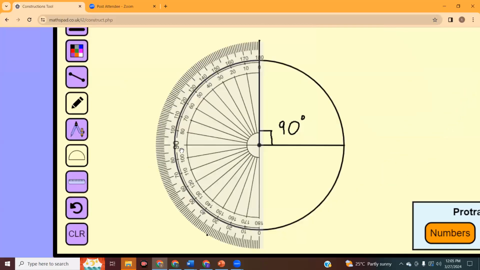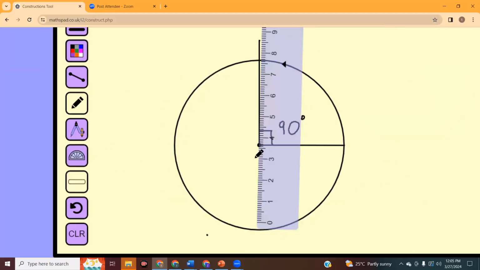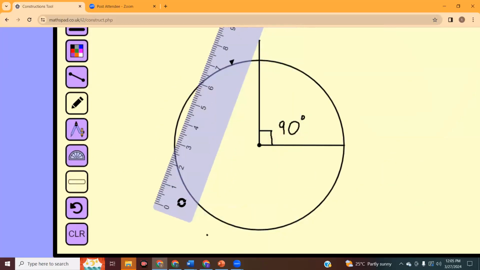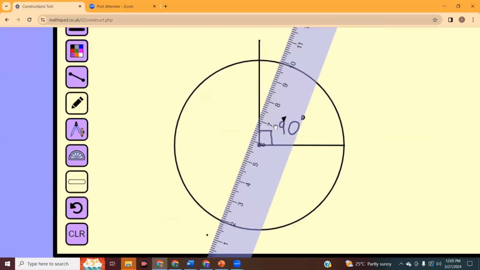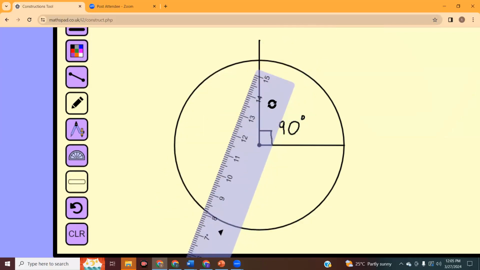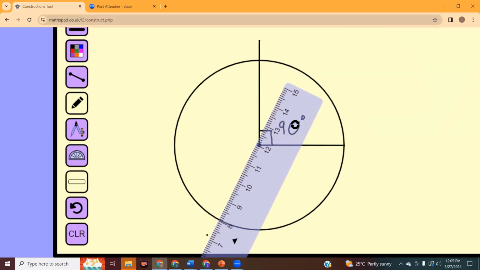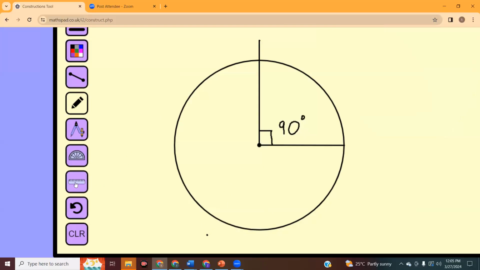For you, what you have to do is get your ruler and draw a line from the center all the way to the point. But I am using technology, so I'm going to use a line segment here just to make sure everything is accurate.